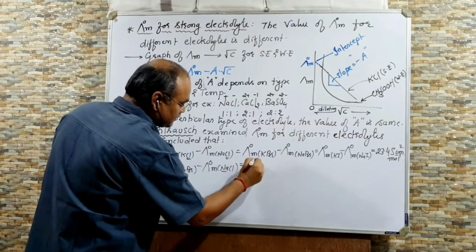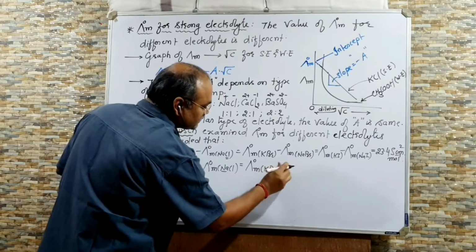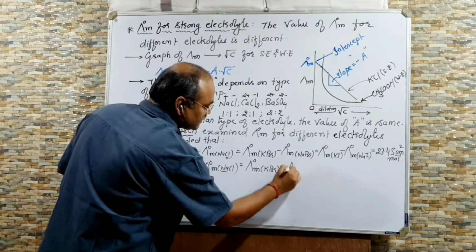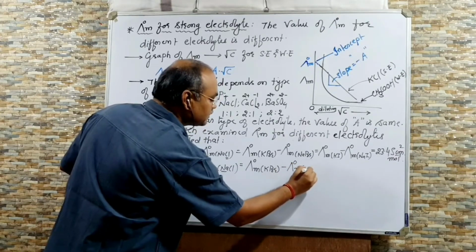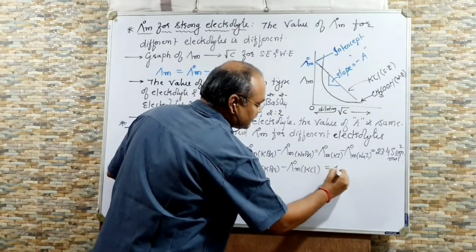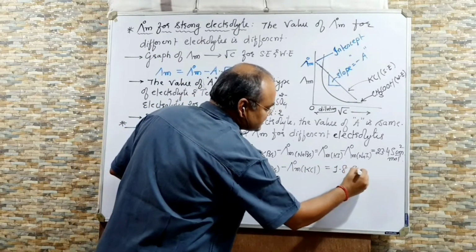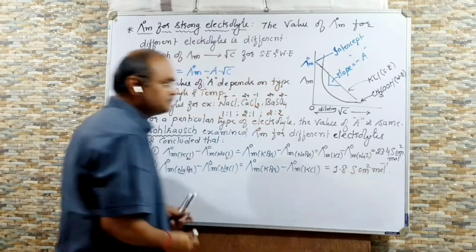It was also equal to lambda 0 m KBr minus lambda 0 m KCl, and this was found to be 1.8 Siemens centimeter square per mole.